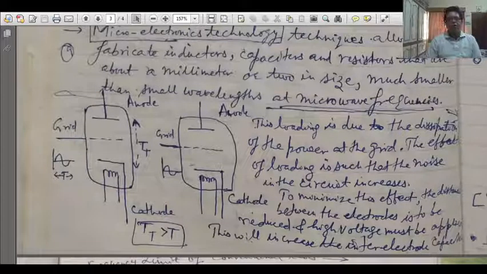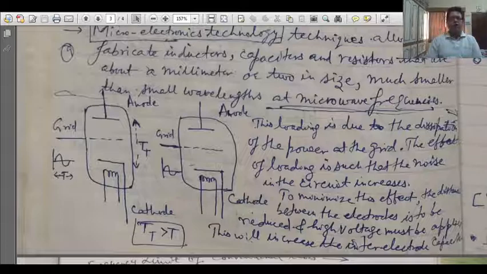So in this lecture we tried to understand how circuit analysis is used at microwave frequencies. What we learned is that at microwave frequencies, due to the smaller wavelength, simple circuit analysis like Kirchhoff's voltage and current laws cannot be used.